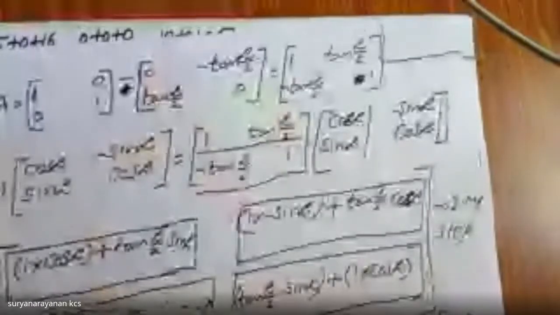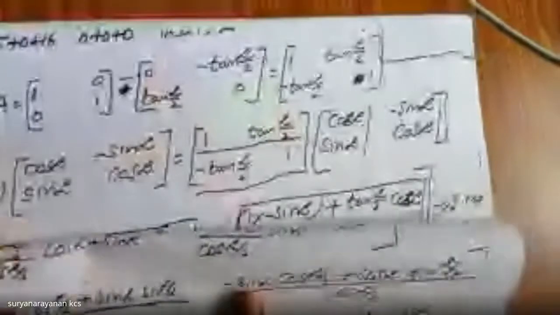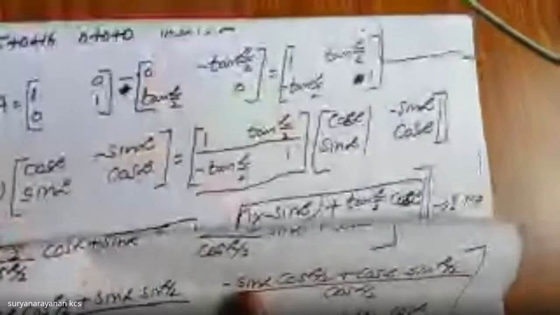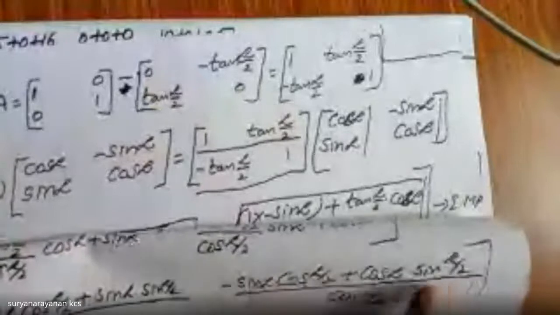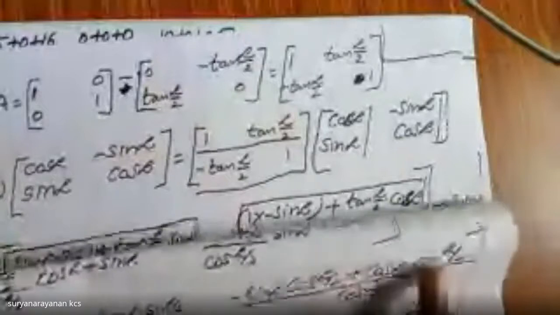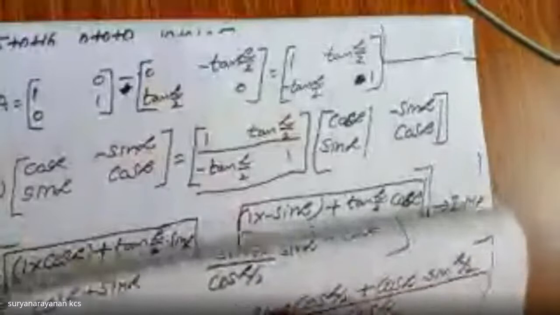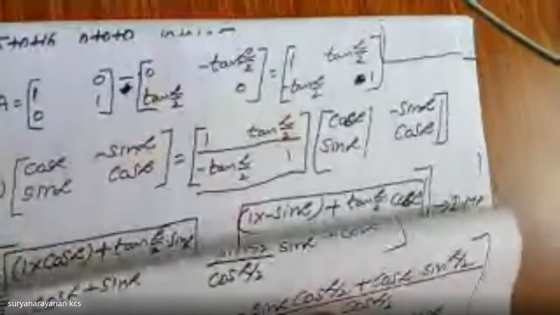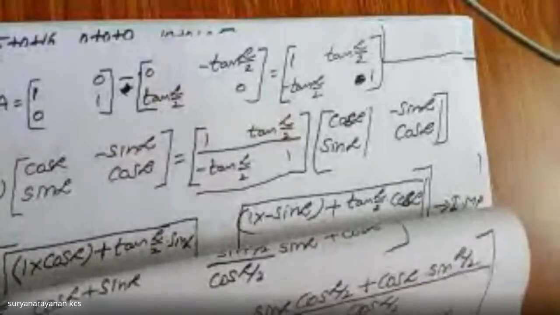Similarly, the second term, if you take minus here: sin alpha by 2 cos alpha minus cos alpha by 2 sin alpha. This is in the form of sin A cos B minus cos A sin B. What will you get here?